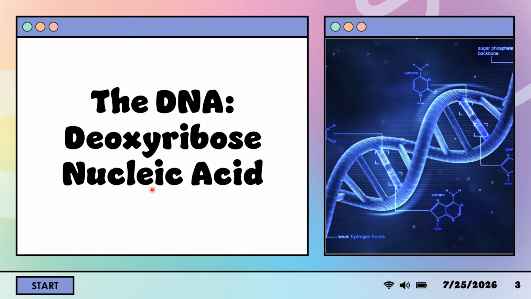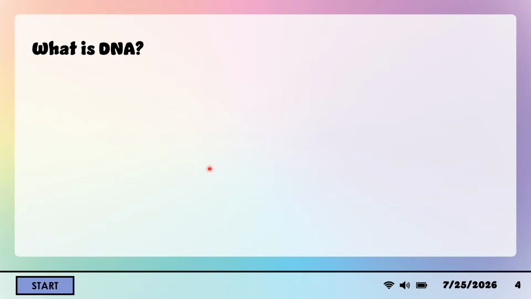It is a very preliminary biomolecule, and this particular biochemical component is present in almost all organisms. There are exceptions such as viruses, but almost all organisms have their genetic component as deoxyribose nucleic acid, aka DNA.